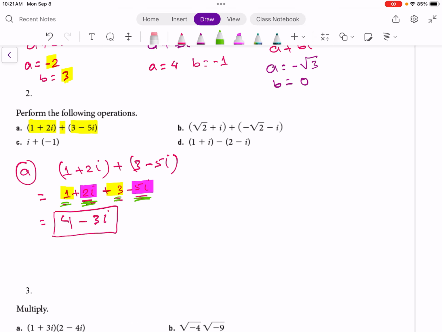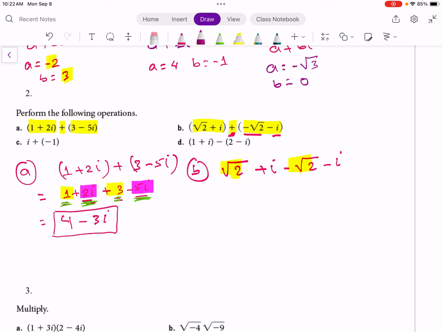Now in part B, we have root 2 plus i, a complex number, and negative root 2 minus i, another complex number, and we are adding these two complex numbers. Let's get rid of parentheses first. We can rewrite this as root 2 plus i, positive times negative root 2, that is negative root 2, positive times negative i, negative i. Now you just look for like terms, adding the real parts together and the imaginary parts together.